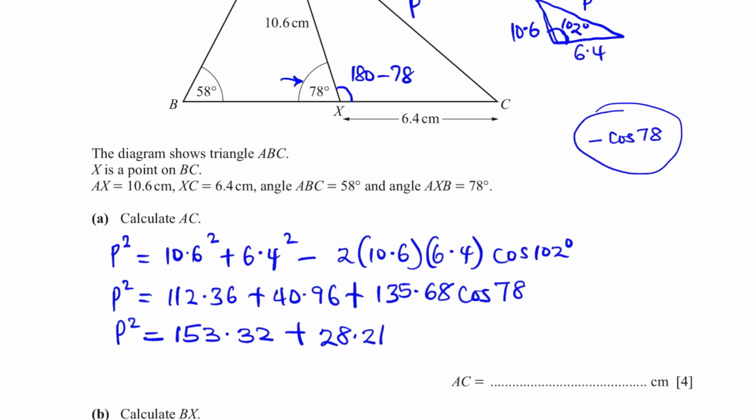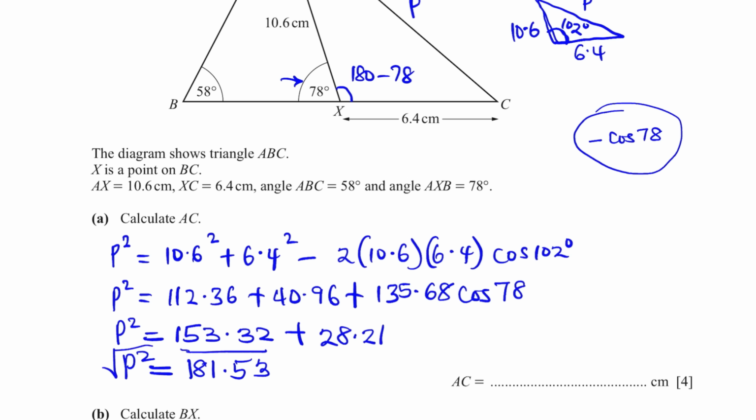So let's add that together. P squared is going to be 181.53. So in order for us to get P, we need to find the square root of both sides.